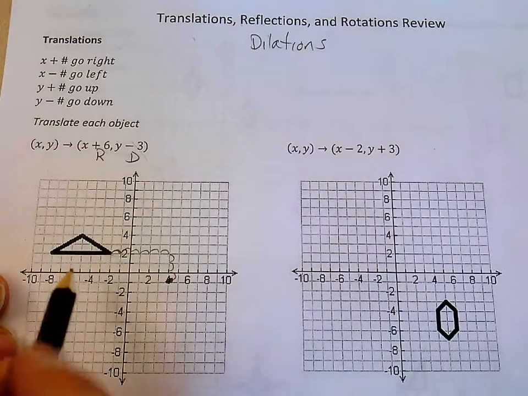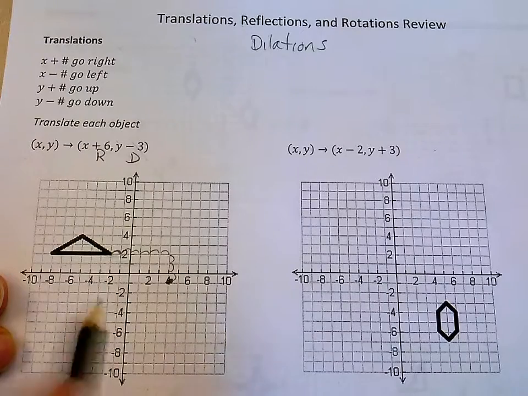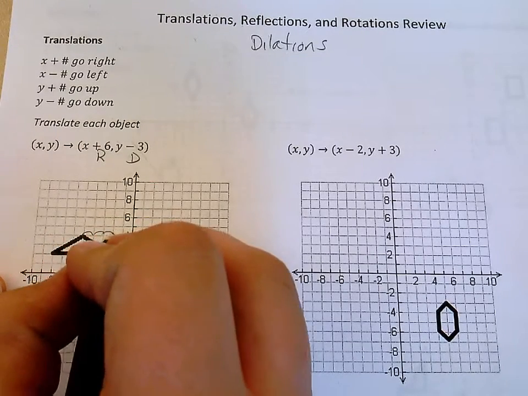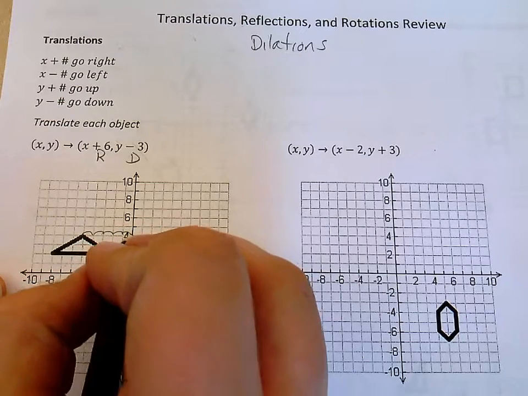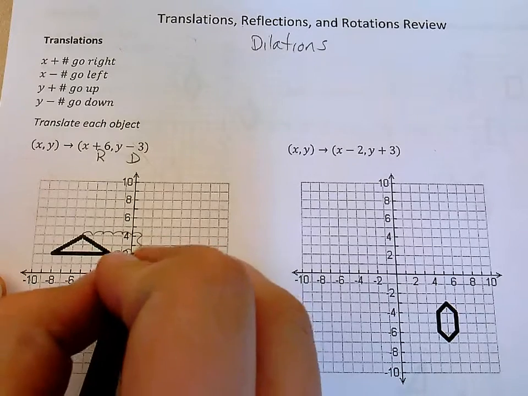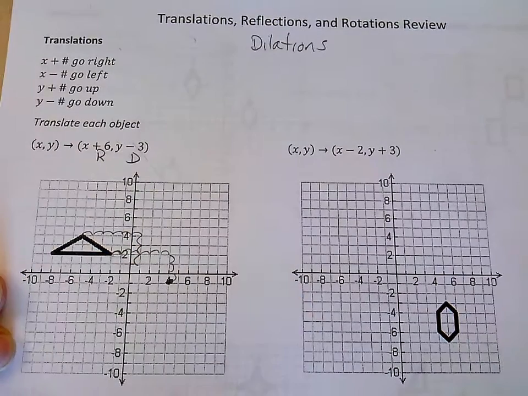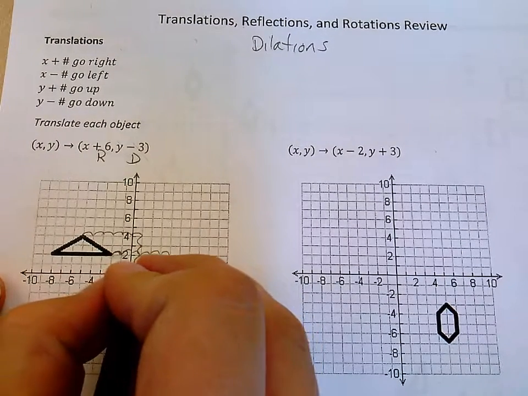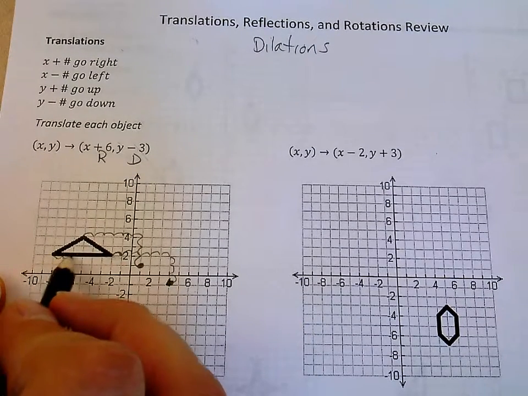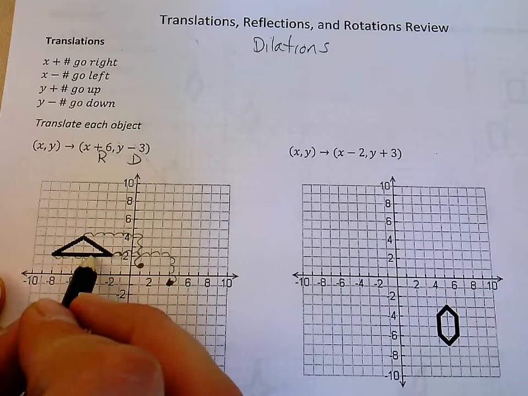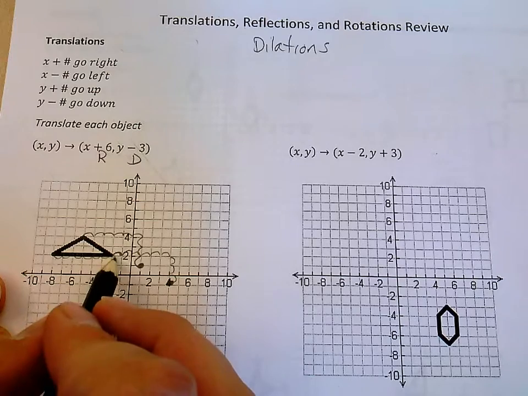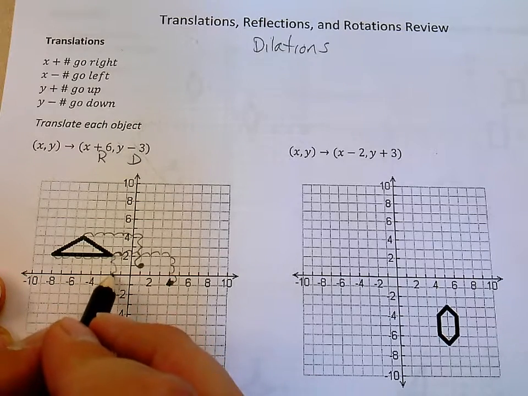because this is the new spot for my object. Same thing with this one. You move over 1, 2, 3, 4, 5, 6, and I'll move down 3, 1, 2, 3, and make a little point there. This one as well. Ready? 1, 2, 3, 4, 5, 6, down 3, 1, 2, 3.